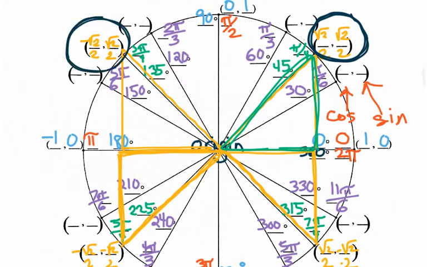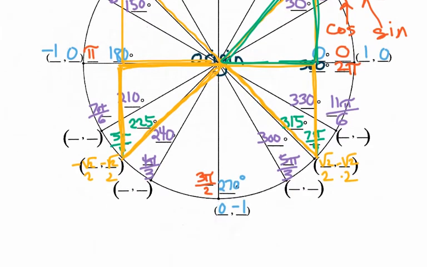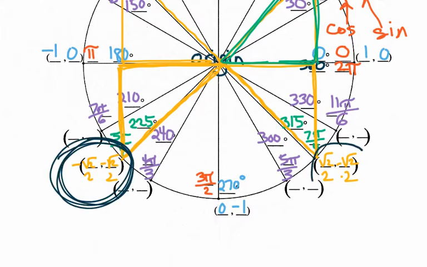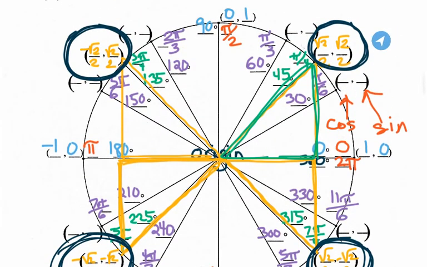Here's quadrant 2 where just the x or cosine is negative. Here's quadrant 3 where they're both negative, same values, and quadrant 4 where the cosine is positive and the sine is negative. So if you just remember the one triangle in the first quadrant, what its values are, and then remember what the quadrant signs are, you've got 4 of them right there.